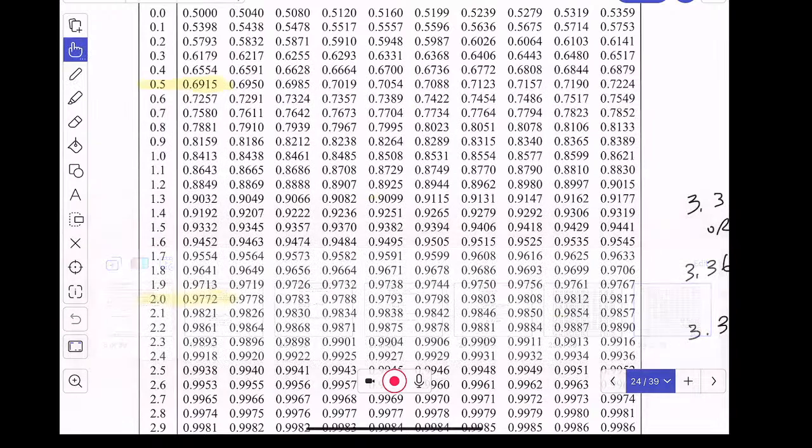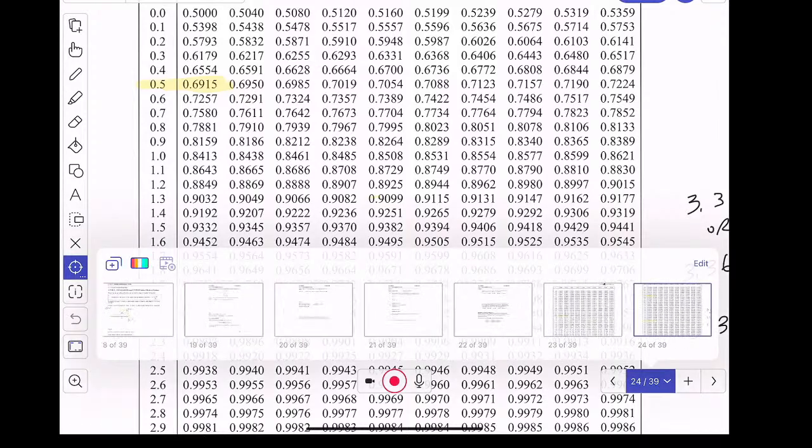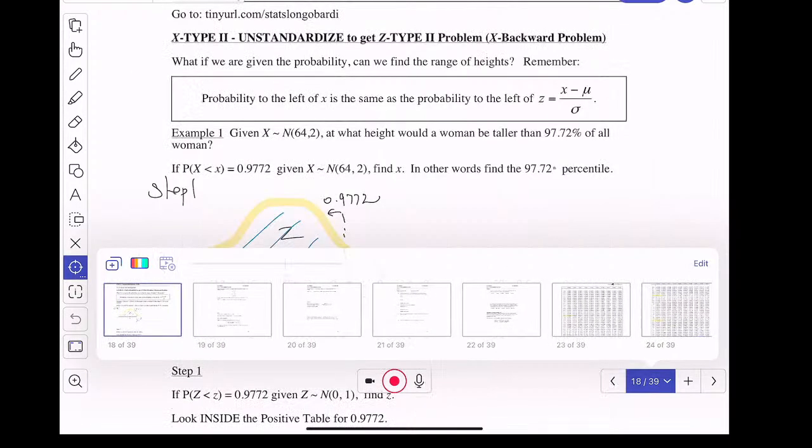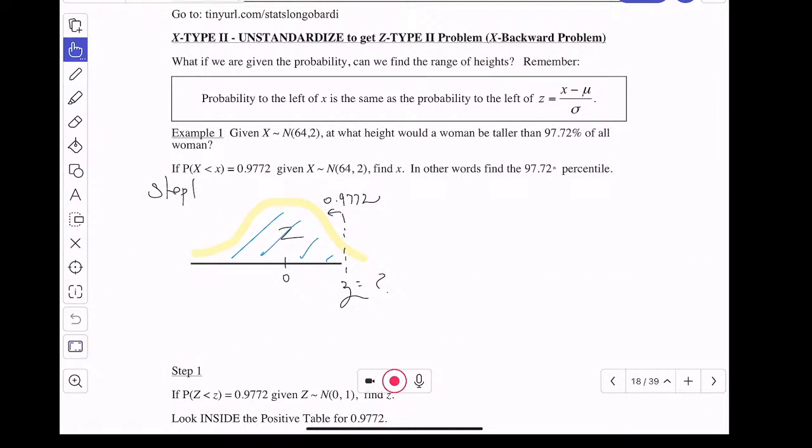And I find 0.9772 at 2. So 2 standard deviations above the mean. To the left of that is 97.72% of the observations. So Z is 2.